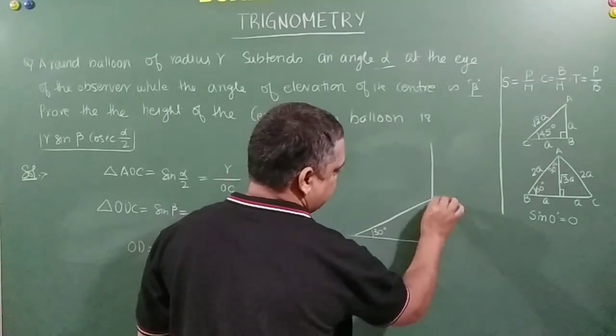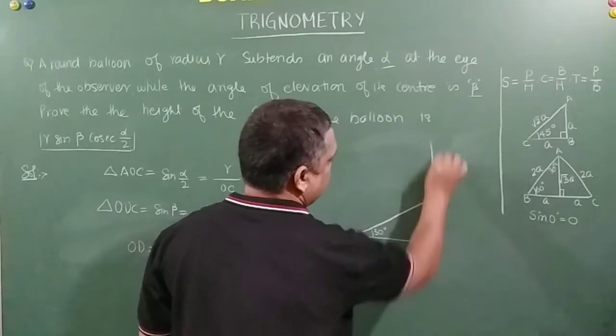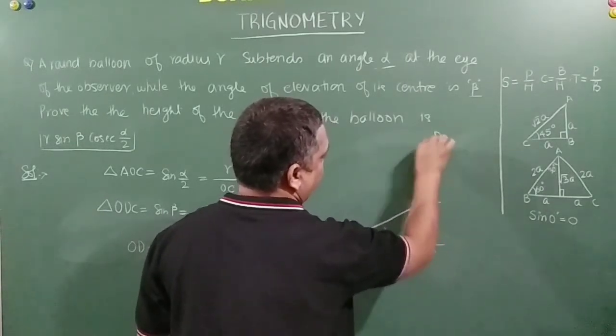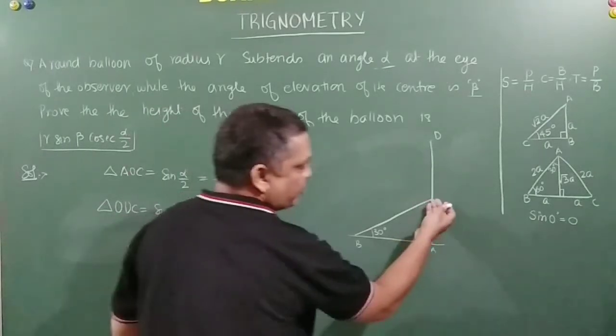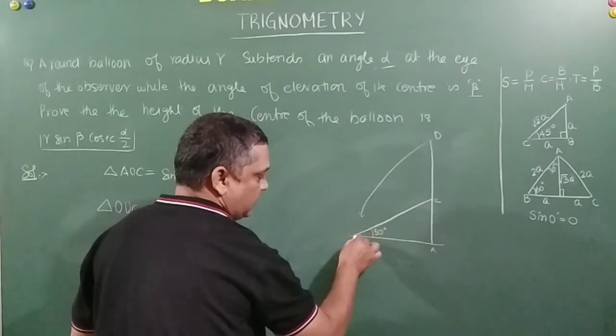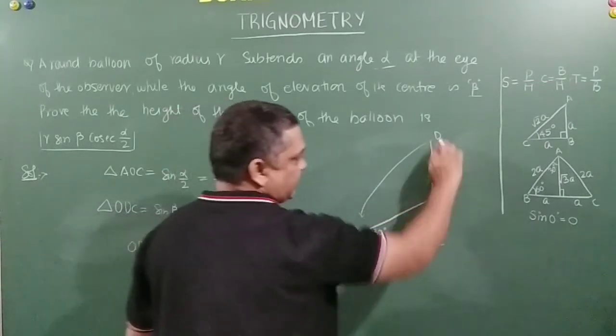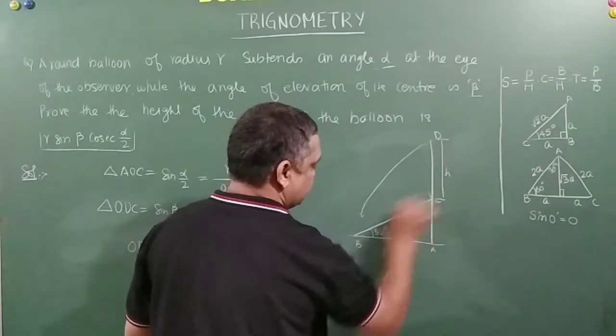Let us say this is A, B, C, and it was earlier point D here. So now what has happened is that it has broken from here and then it has dropped down. So this height is equal to this.